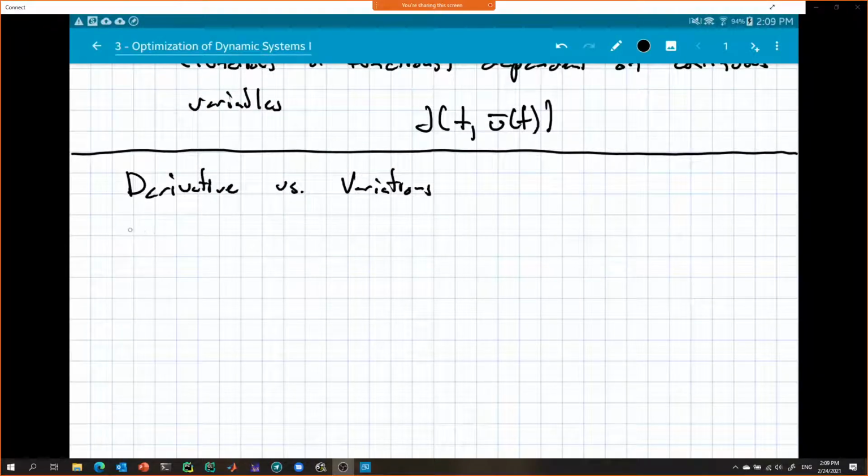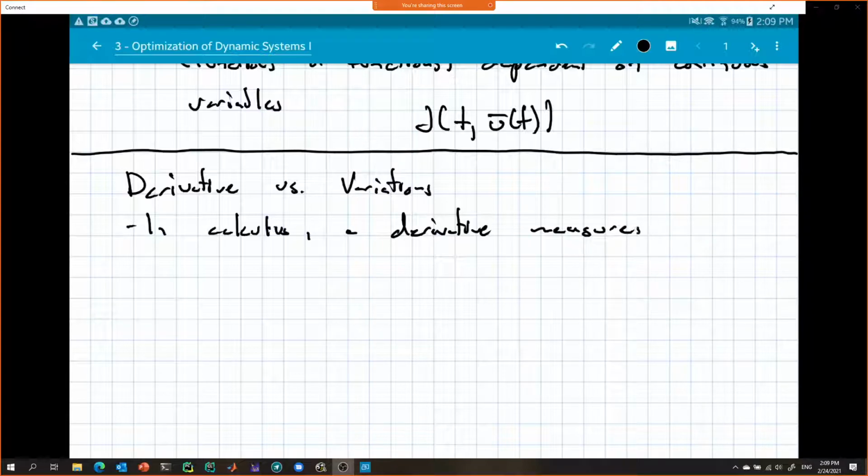So in calculus, a derivative measures the change of a function when a variable changes.